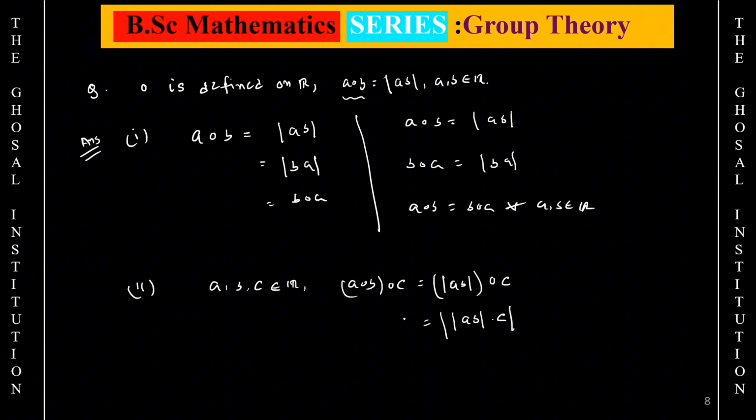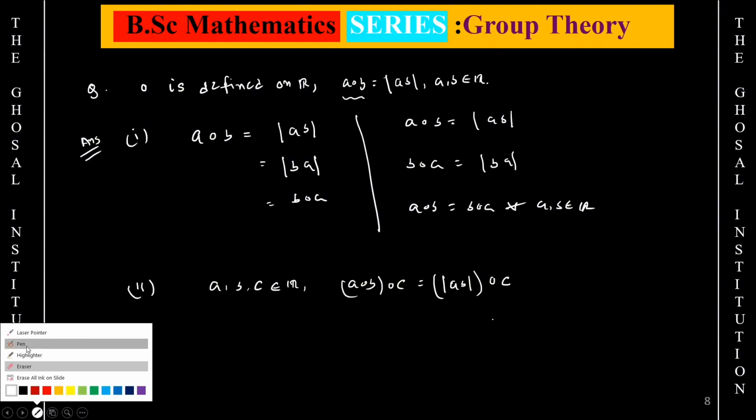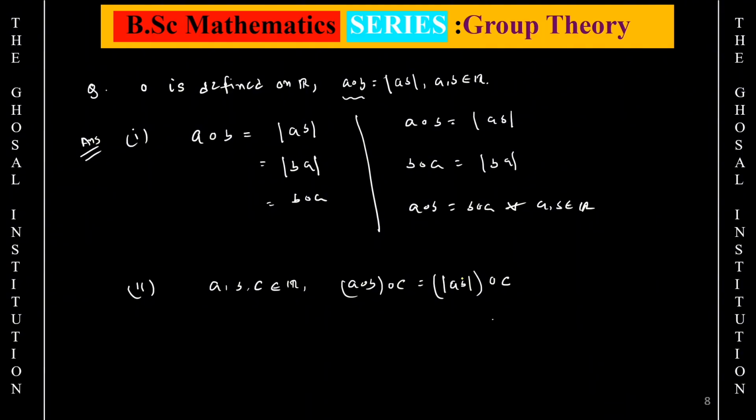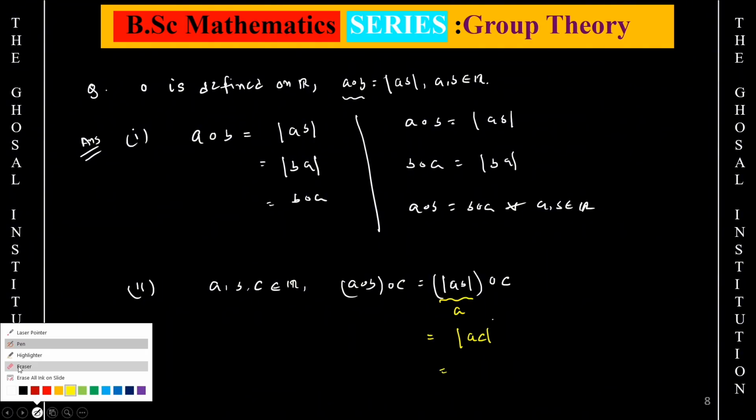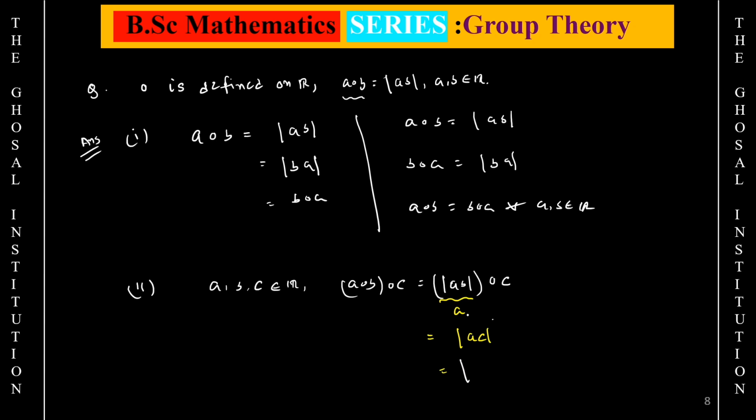Let's break it down first. Considering this as your A, what will be your A compose C? That is mod of AC. Now what is your A? Your A is mod of AB. So it will be mod of AB into C. That's very easy.